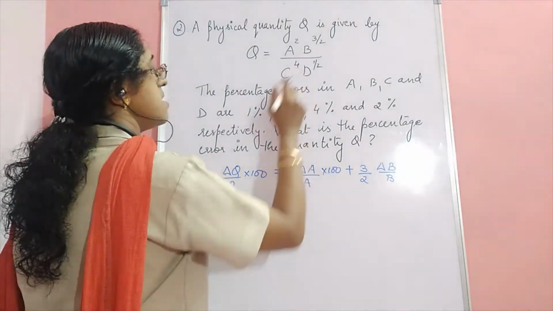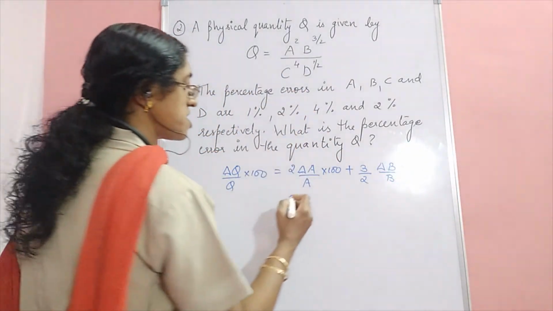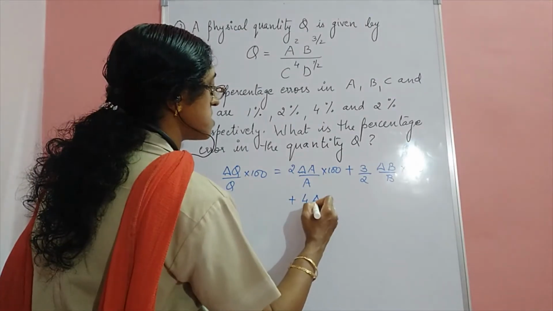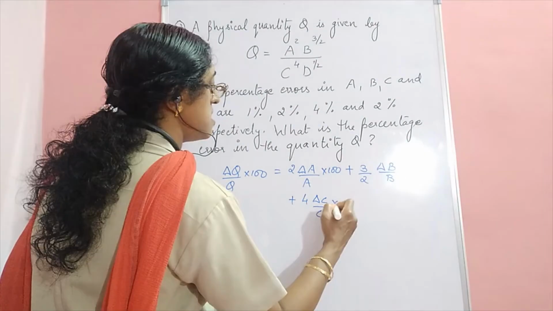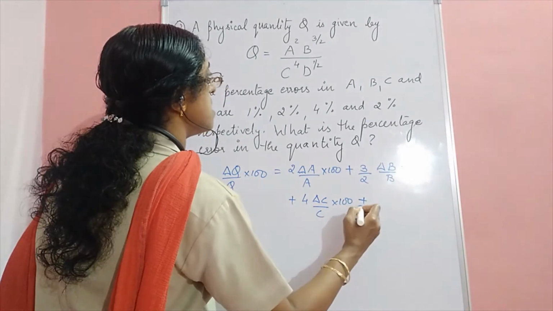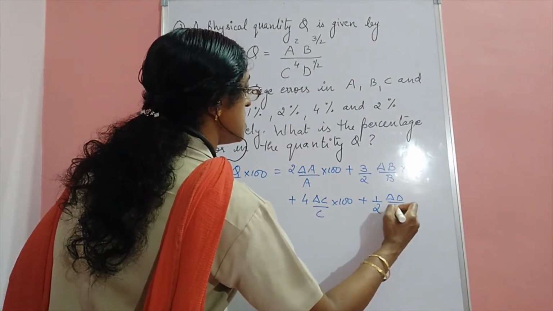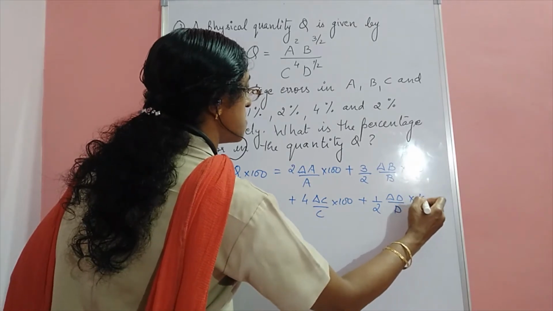Now again apply for the quotient. For quotient again the errors are added up, that is 4 times delta C by C into 100 plus 1 by 2 delta D by D into 100.